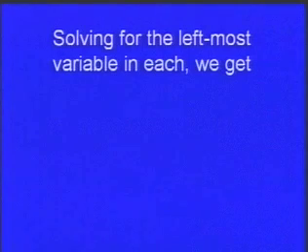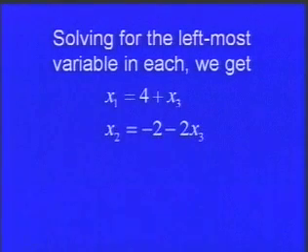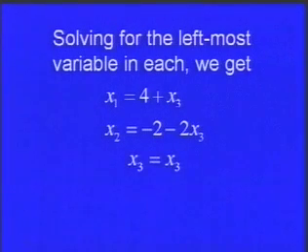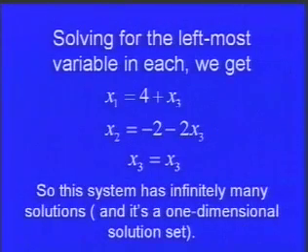Solving again for the one on the left, you're going to get x1 is equal to 4 plus x3, and then x2 is equal to negative 2 minus 2x3. All right, what about x3? x3 is just going to be x3. You probably guessed that one. Okay, so that's going to be my independent variable. So that system has infinitely many solutions, and it's a one-dimensional solution set because there's one independent variable.